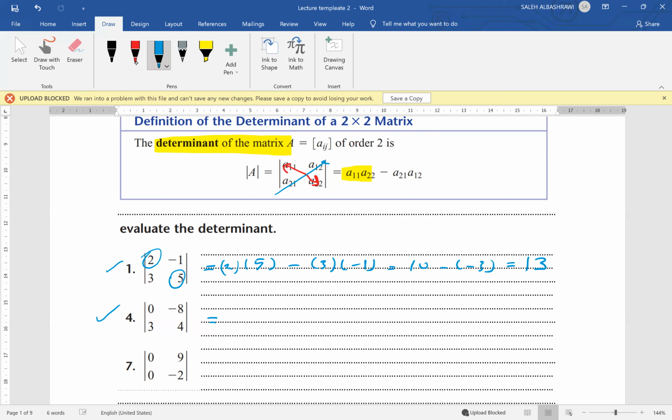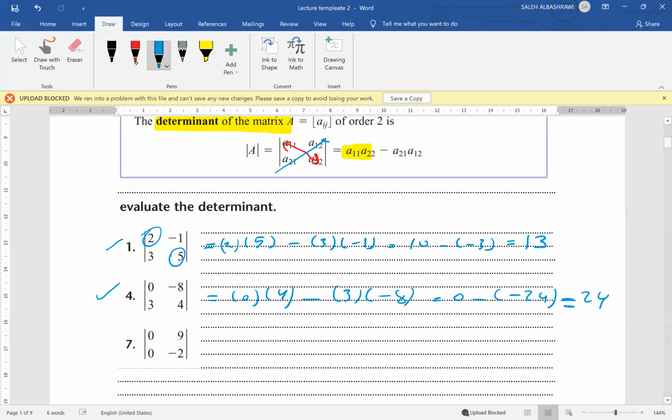The determinant in this case will be 0 multiplied by 4 minus 3 multiplied by minus 8, which is equal to 0 plus 24, which is equal to 24. So the determinant for this matrix is equal to 24.